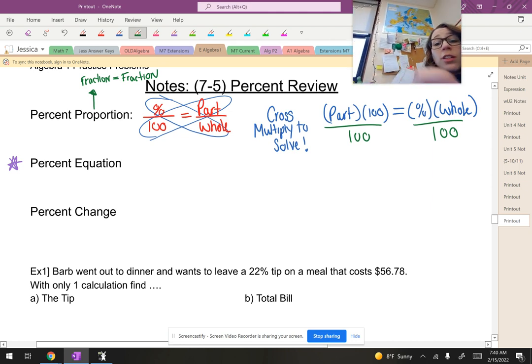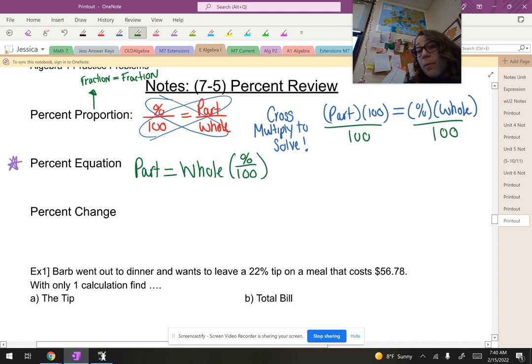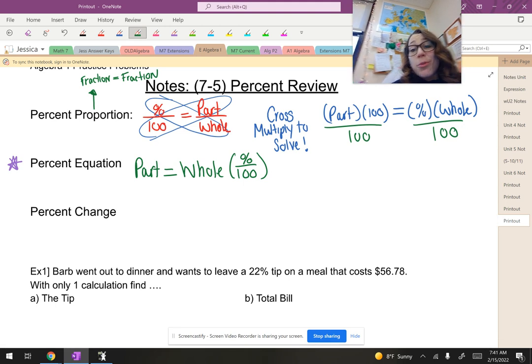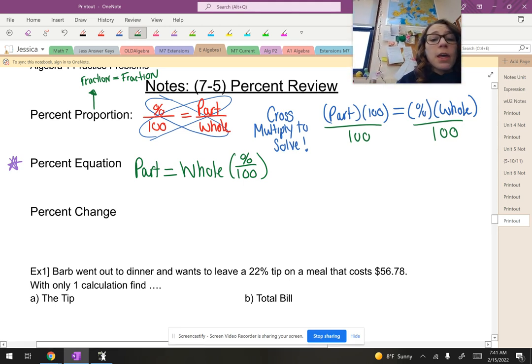And doing that division leaves me with this percent equation, which is part equals your whole times that percent divided by 100. So again, consistently taking the percentage and putting it out of 100. We need to be converting that.